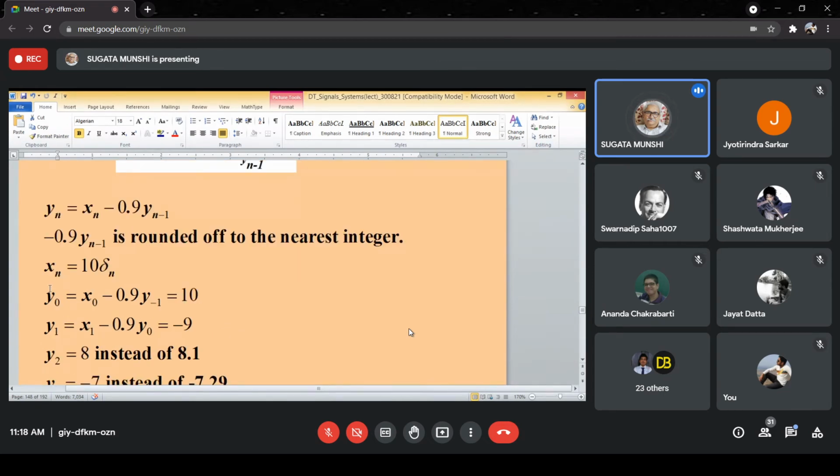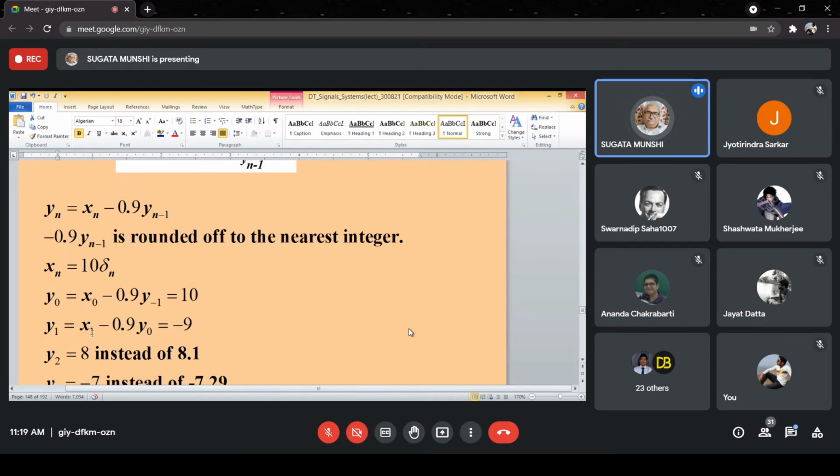All right. So y[0] will be x[0] minus 0.9 y[minus 1]. So what is x[0]? x[0] is 10. y[minus 1], because it's a causal system, will be 0. So 10 will be the output. y[1] is x[1] minus 0.9 y[0]. Remember that x[1] is 0 because it's 10 delta[n]. So henceforth, x values will continue to be 0.